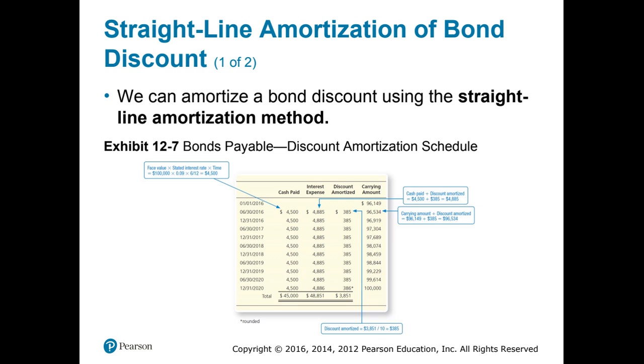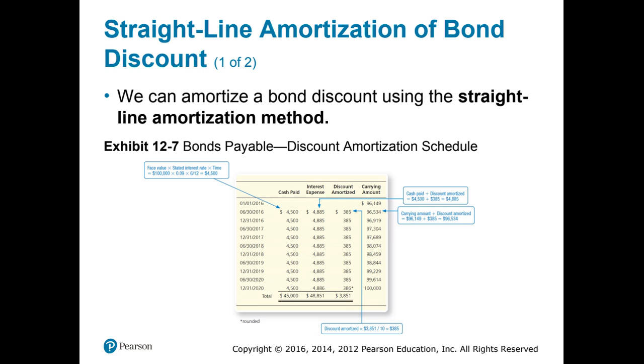So every 6 months, we are making a cash payment of $4,500. And then part of that cash payment, so we've got our interest expense, and we also have a discount that is coming through, and then we're going to be left with the carrying amount.